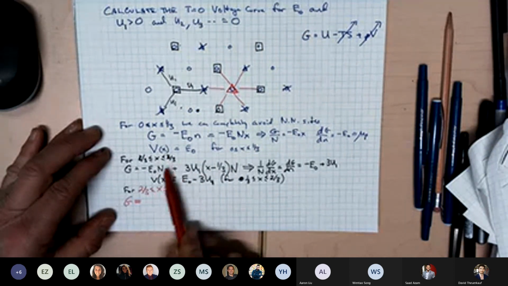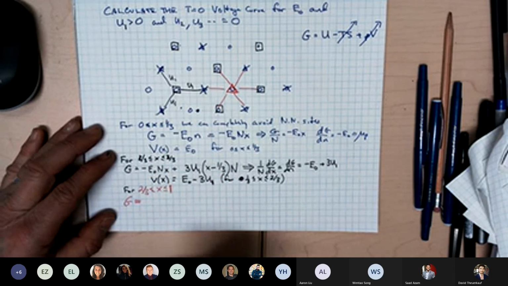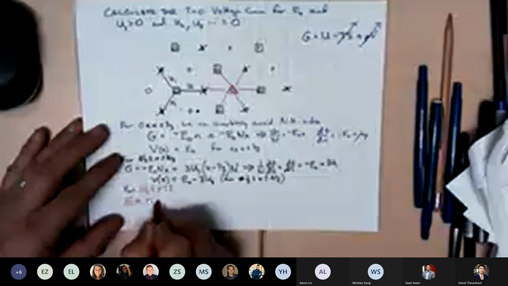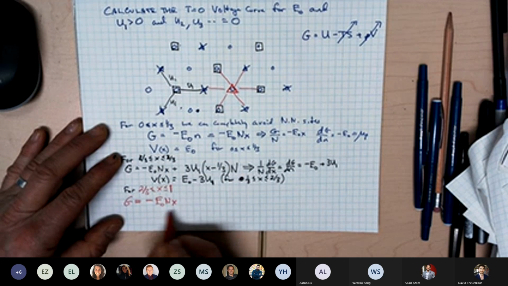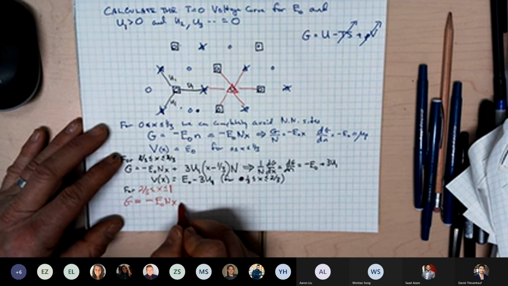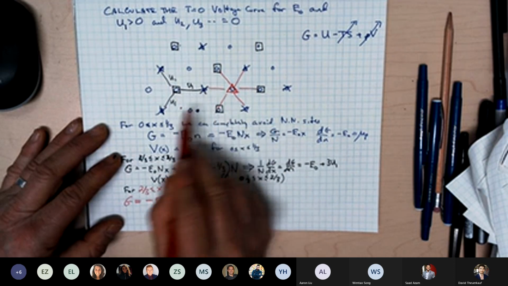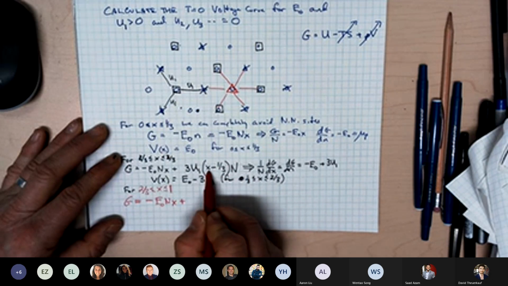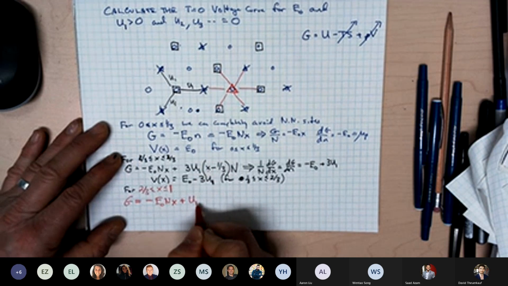It has to be continuous, so we put 2/3 in here, and now it's going to be minus E naught n x. That term is the same. And then we have to account for the fact that when we fill up to 1/3, we have no interactions. We fill up to 2/3, we get this, put the value of x equal 2/3 in there, which is going to be U1 times n.